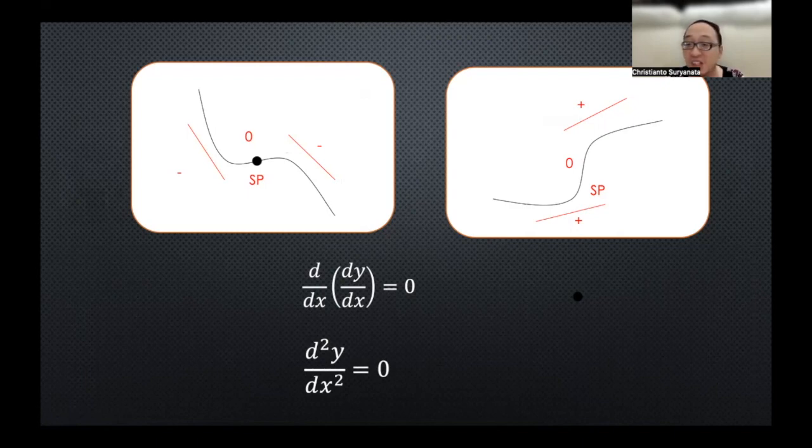Now, here we have two types of point of inflection. This is type 1, where at the stationary point the first derivative is equal to 0. And this is the point of inflection type 2. You see that this stationary point is not really a stationary point because the gradient here is not 0.